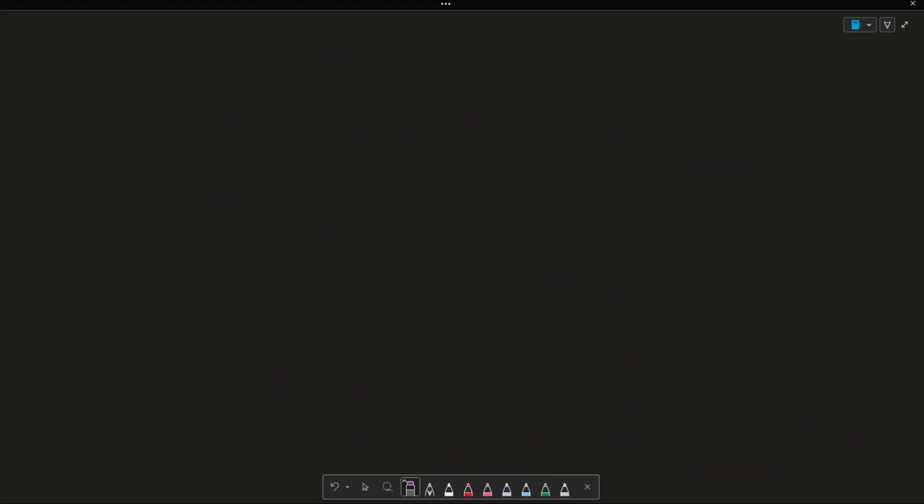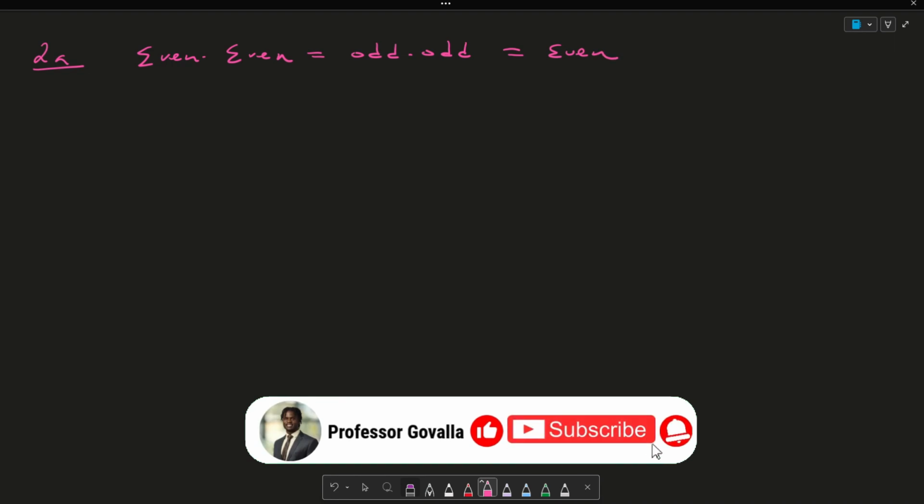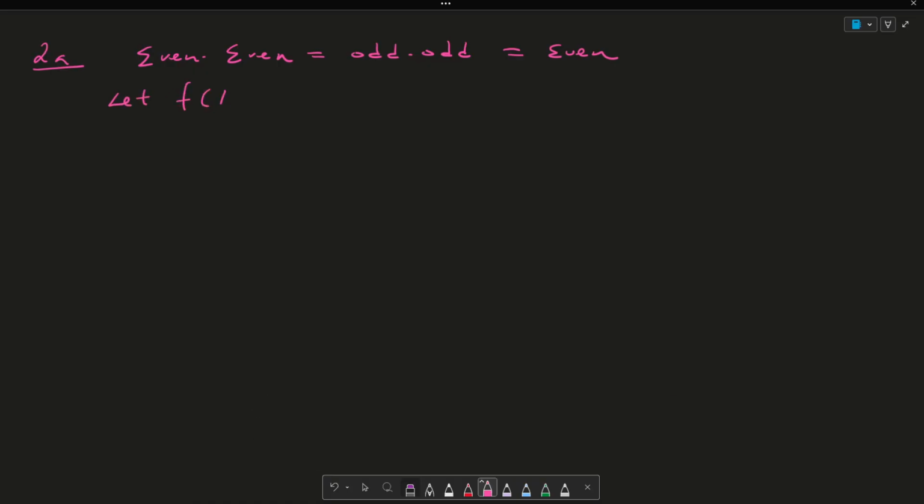So then the next part of this video is to prove part 2, which we're going to start with what's called 2a. Essentially, it's proving that an even function times an even function is equal to an even function, and an odd function times an odd function is also equal to an even function. So let f(t) equal x(t) times y(t), where in this case, let x(t) be even.